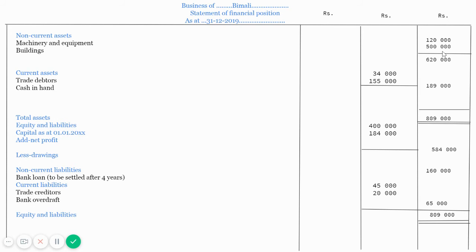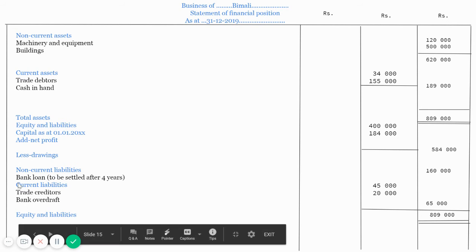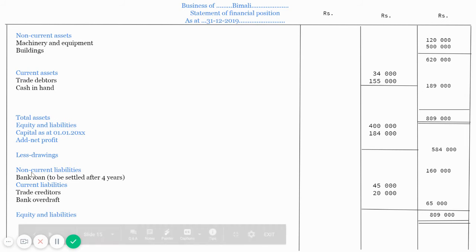So then we have to consider bank loan as a non-current liability, and you have to treat it under non-current liabilities. Bank loan to be settled after 4 years comes to the last column or the third column as 160,000. It's a credit balance because it's a liability. 160,000.